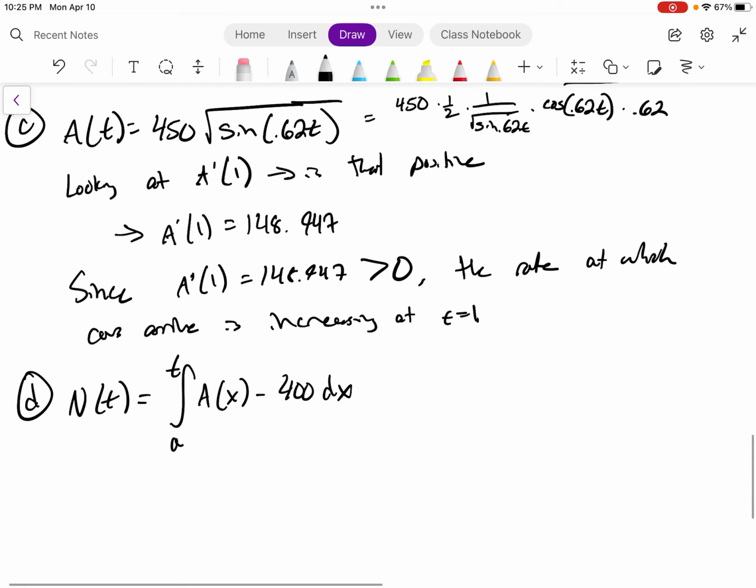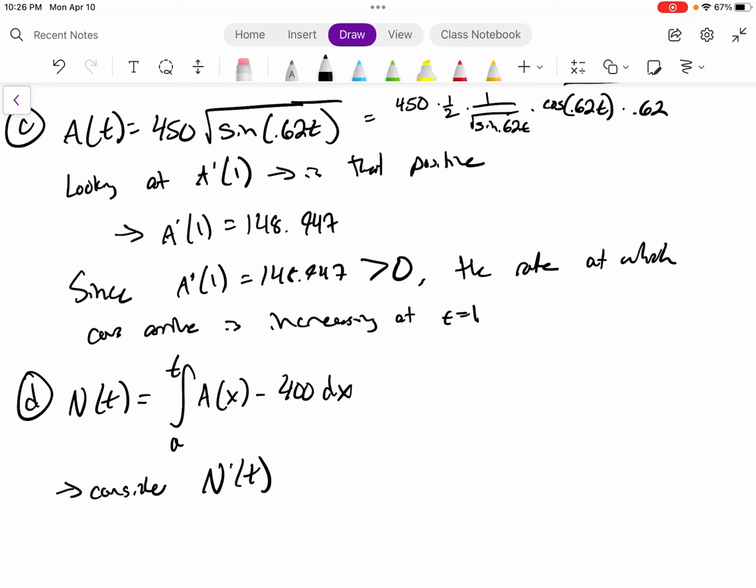So if we're looking for the greatest number of vehicles, here is the number of vehicles in the line. To find the maximum, we need to consider N prime of t. A is just a constant, so we're asking for the derivative of this thing.